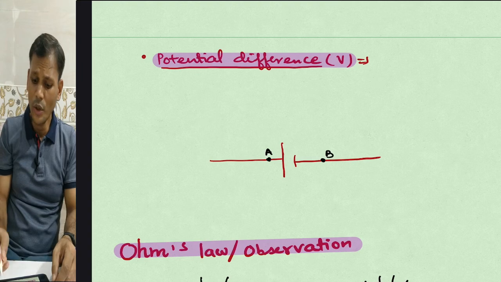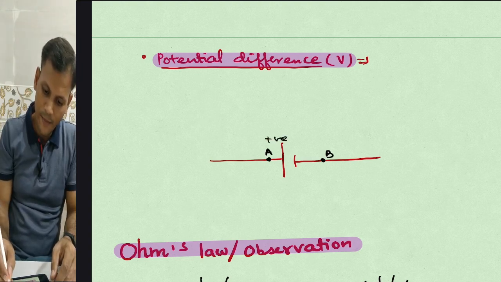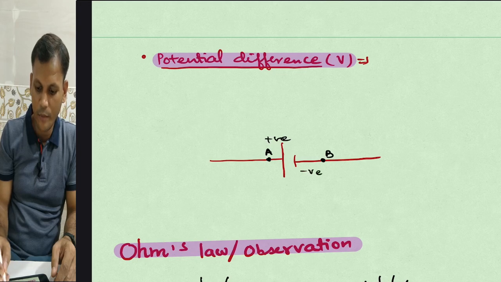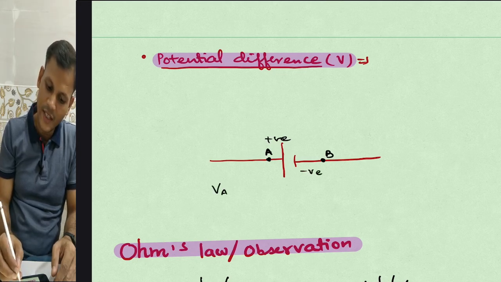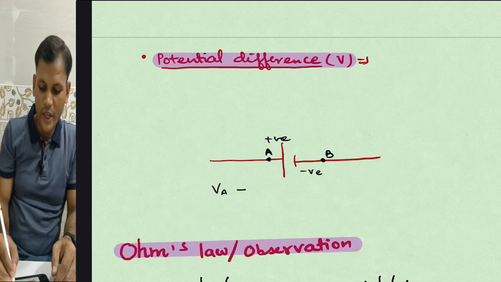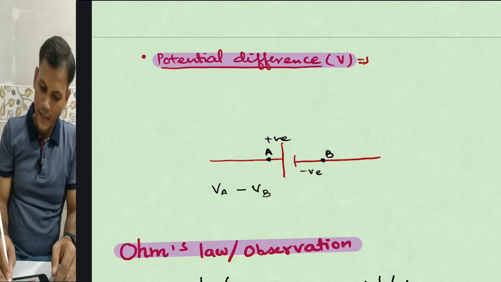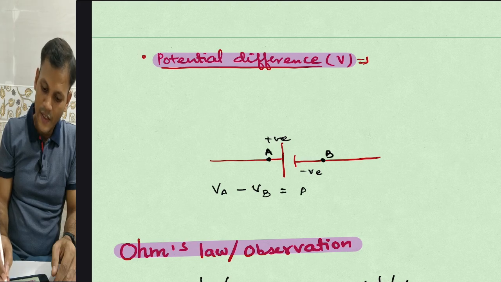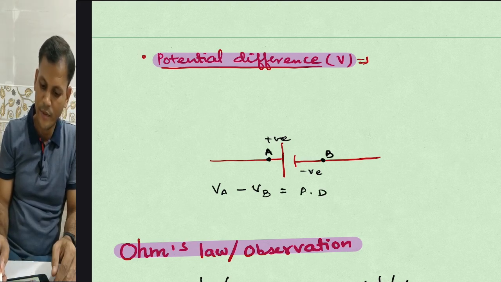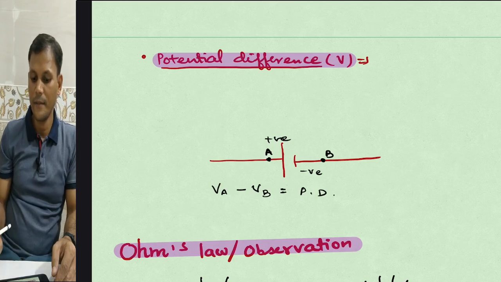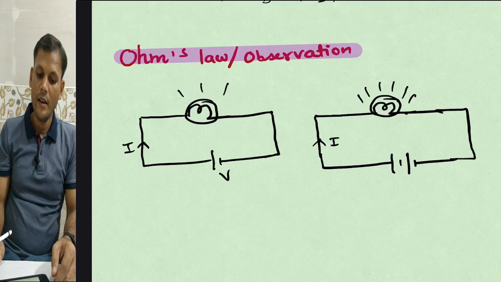So this is the positive potential and this is the negative potential. The potential at A is VA, which is higher potential, and the potential at B is VB, lower potential, and the difference is the potential difference, or simply we can write it as V. So this is the concept of potential difference.